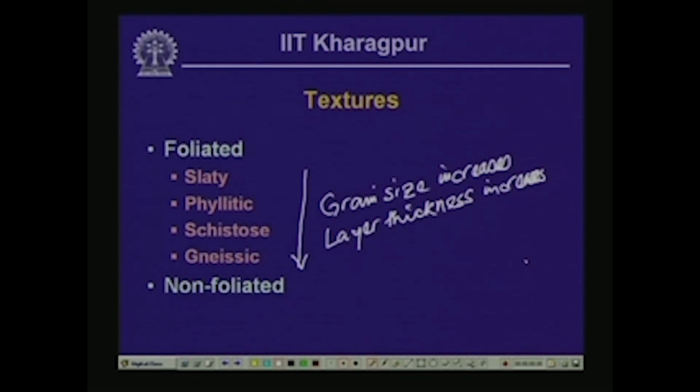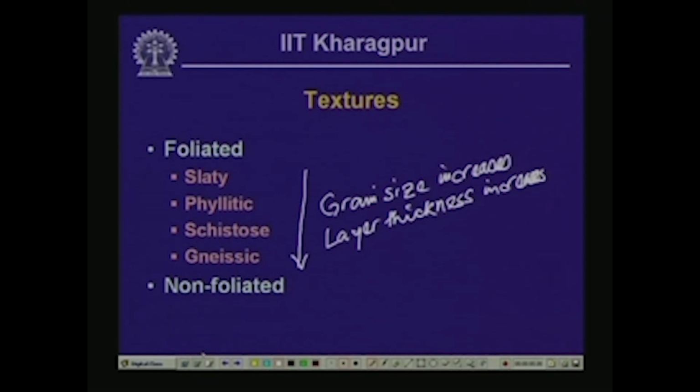Typical grain sizes that are connected with these different types of textures were indicated when we were talking about the textures of regional metamorphism grades. So, you should refer back to that particular slide to get a feel for what kind of grain sizes and layer thicknesses we are looking at.